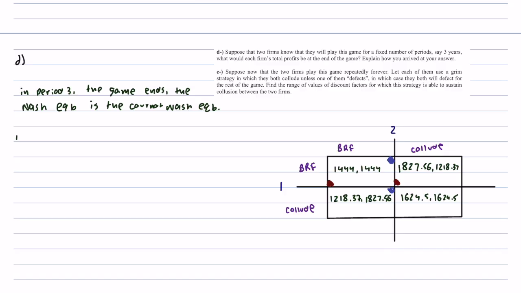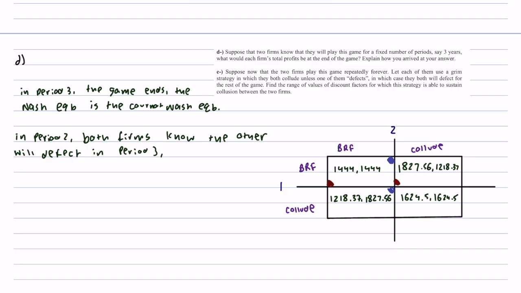We know that in period 2, each firm knows that the other is going to defect in period 3, right? Both firms know the other will defect in period 3, and therefore both firms are going to play their best response function in period 2, right?